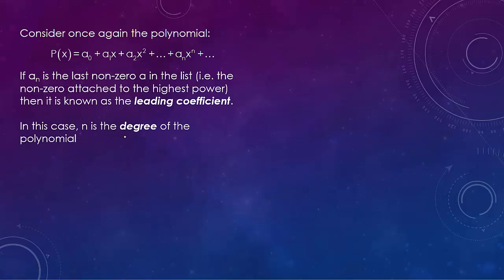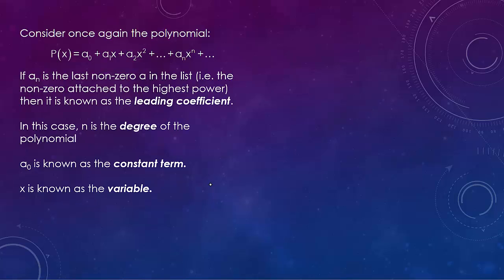In this case, n is the degree of the polynomial. a0 is known as the constant term, and that's because it doesn't have an x, or at least it has an x to the power 0, which we know is just 1.